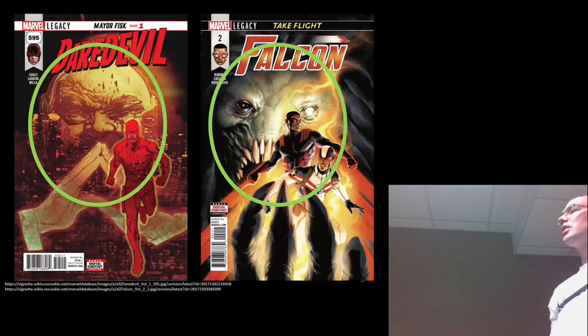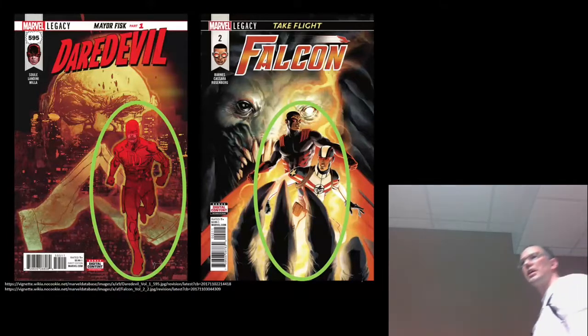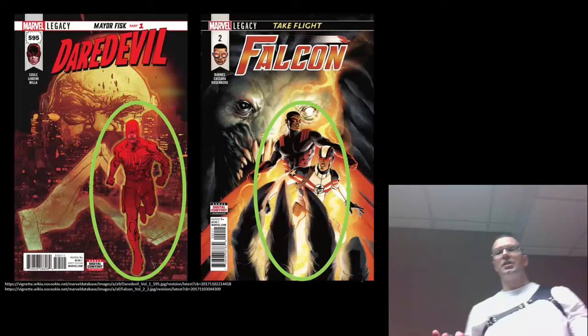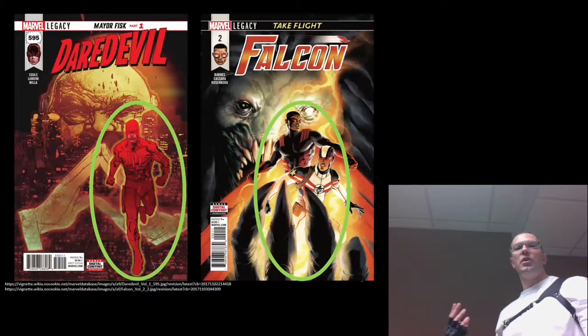You can see in the Daredevil cover, we got the hero slightly off center, asymmetrical. In the Falcon, we got the heroes slightly off center, asymmetrical. So these are not arbitrary choices that these artists made. This is part of visual language and communicates things to us.